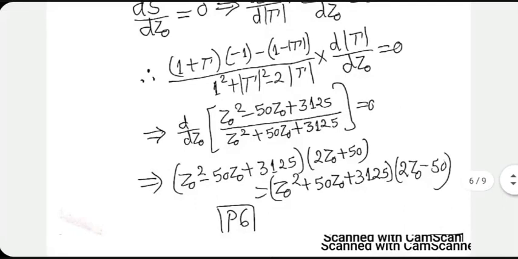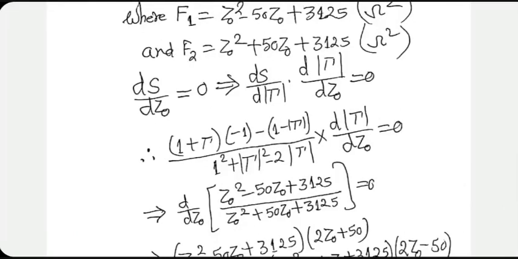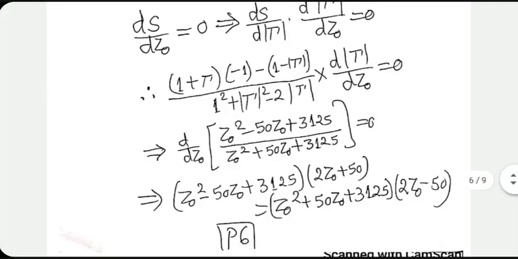What essentially it works out to is that d/dZ0 of magnitude of tau should be 0. The other differential, you can assume that it's not 0. If you're not sure, we can debate this issue, but I'm convinced that I'm doing the right thing. d|tau|/dZ0 should be 0.